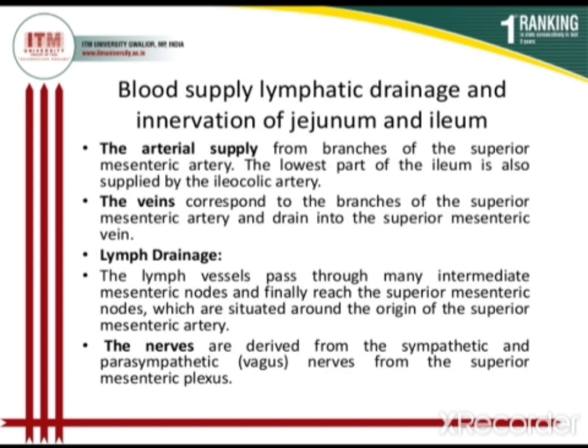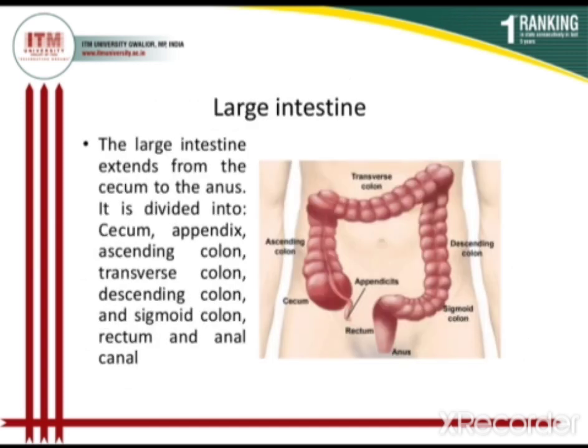Okay, now we'll start with the large intestine. The large intestine extends from the cecum to the anus. As you can see in the picture, this is the large intestine. It is divided into the cecum, the appendix, ascending colon first, then transverse colon, then descending colon, then sigmoid colon, rectum, and the anal canal.